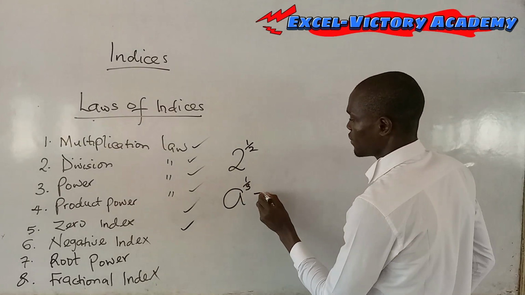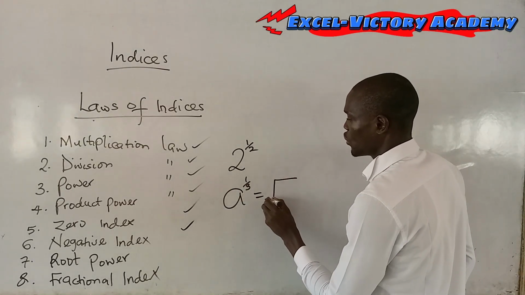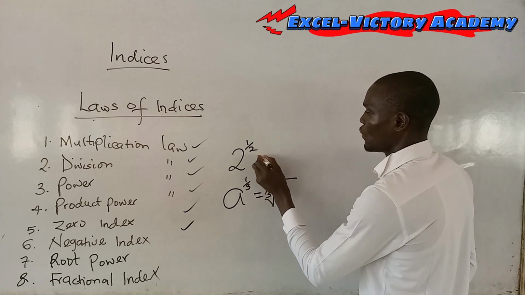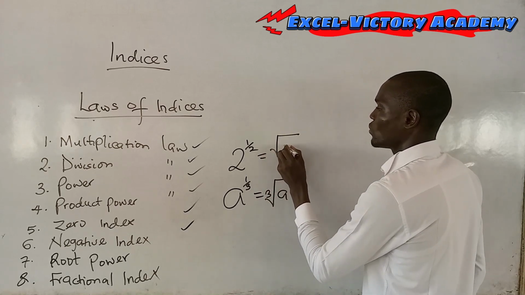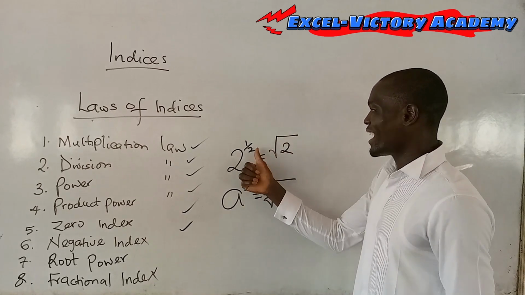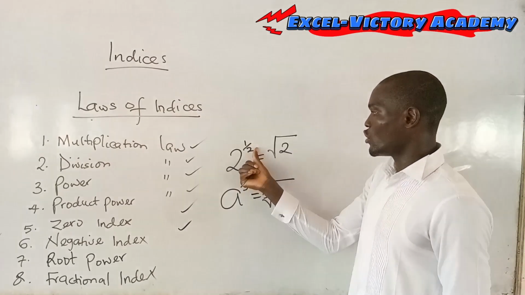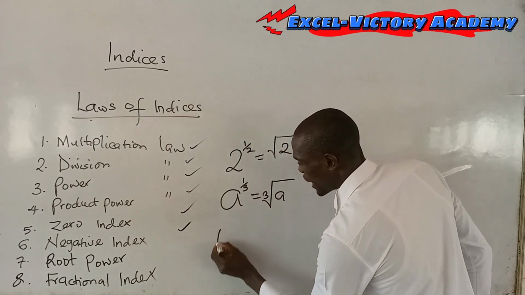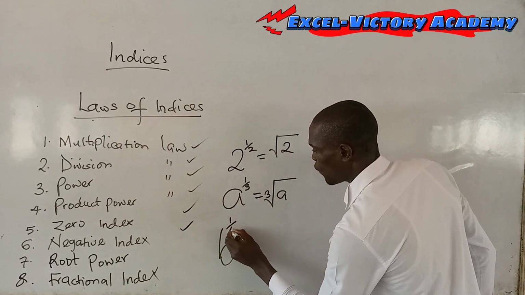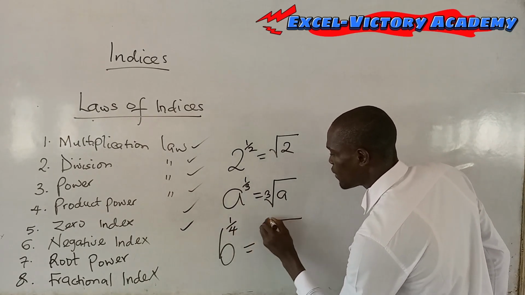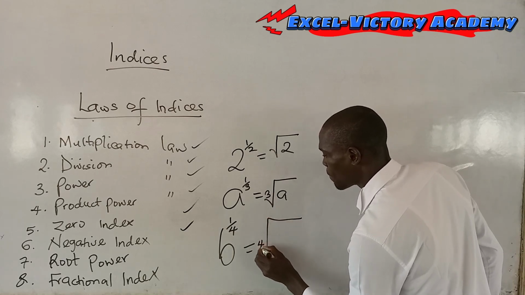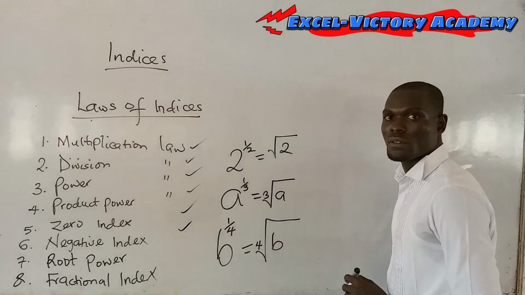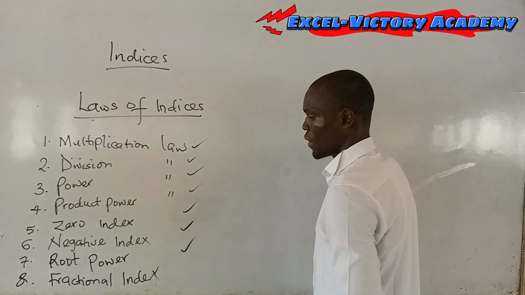That is, you will have the cube root of a. Then for this one, you will have the square root of 2. Looking at the denominator here, that is what root power is all about. Again, you can have b raised to the power 1/4. That is, we are going to find the fourth root of b. So that is all on root power.